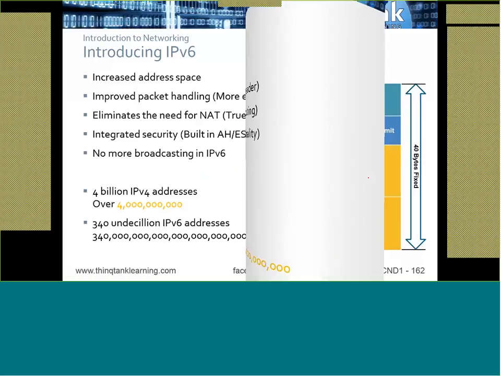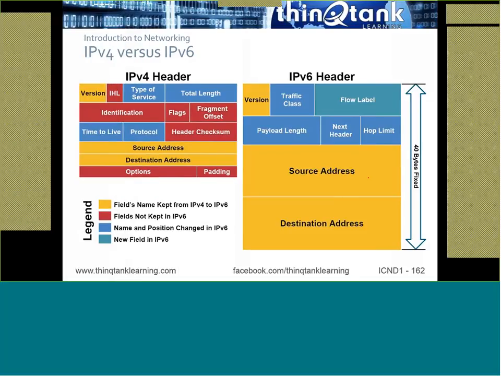All right? So let's do our little side-by-side comparison here of our v4 header and our v6 header. See all the red fields on the left? They're all gone. No header length field because the v6 header is fixed in length, 40 bytes.